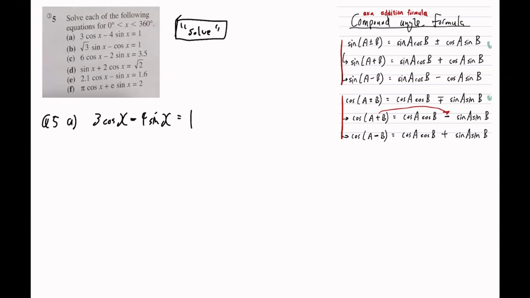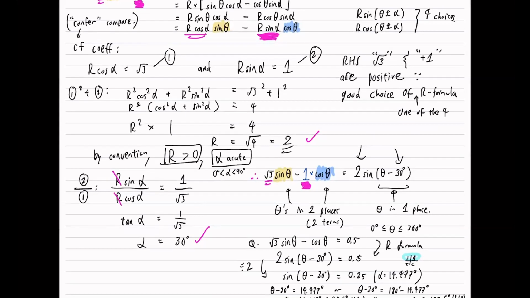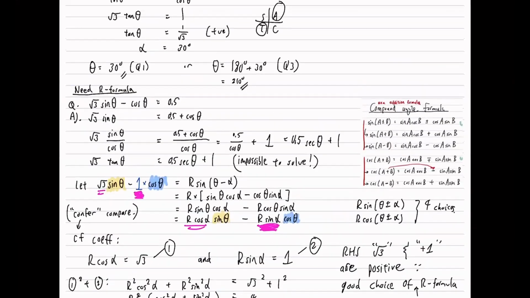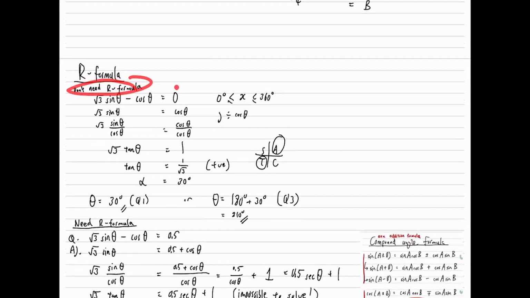Can we just bring the sine over, then divide by cosine, get tangent? Cannot. Why? Because of the extra term, the extra 1 on the right hand side. Remember at the very beginning, I told you we can only get the tangent, and don't need the R formula, when it's a 0.